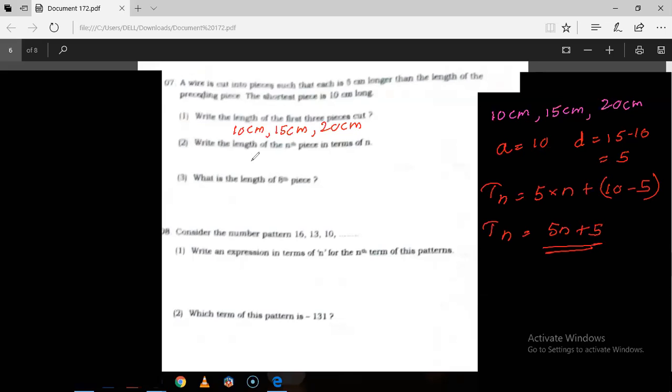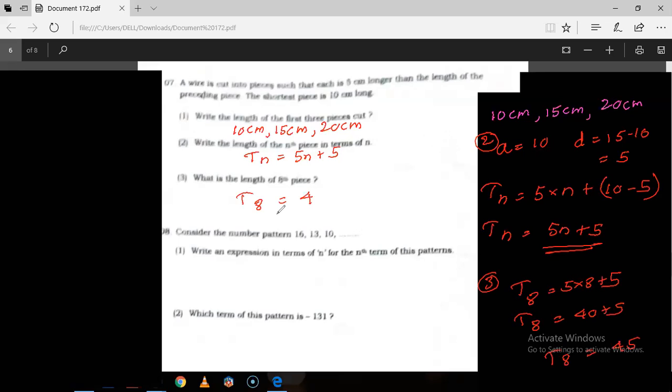So you can write Tn equals 5n plus 5. Next, what is the length of the 80th piece? This is the working of the second one. Third one: T80 equals 5 into 80 plus 5. T80 equals 400 plus 5. T80 equals 405. 405 centimeter, write the unit also. Then you can write the 80th piece equals 405 centimeter.